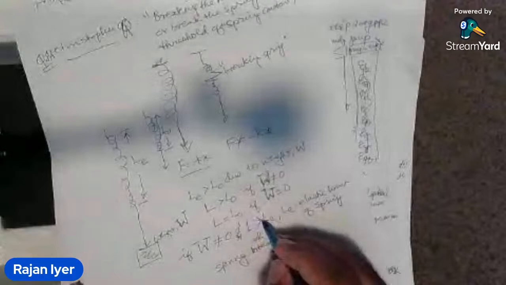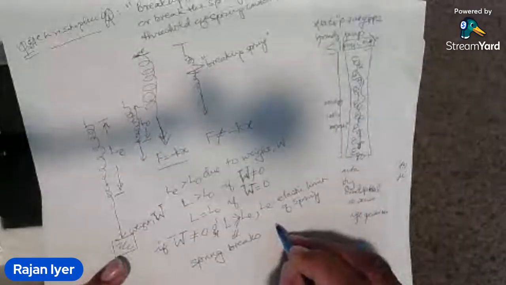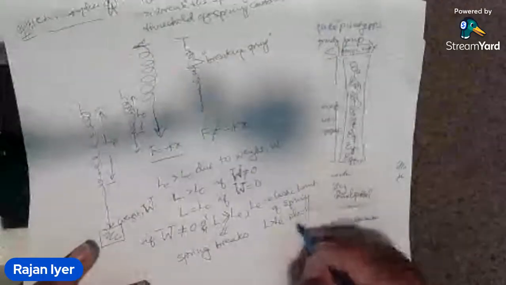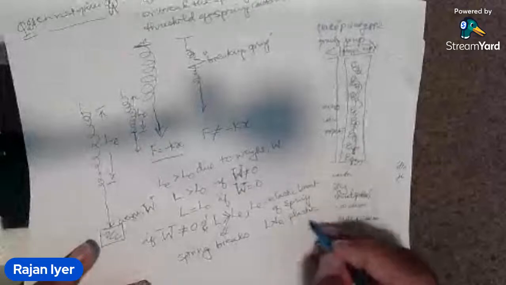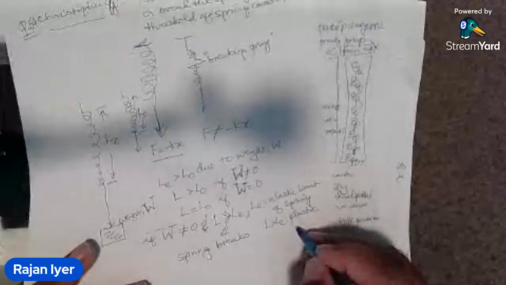Because you have plastic deformation and everything. If L is slightly greater than Le, then you have plastic extension, or what is called pull out.